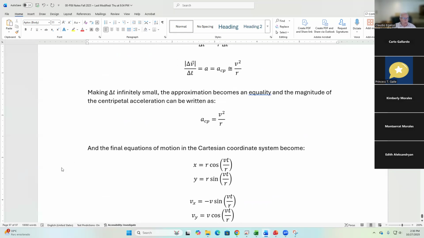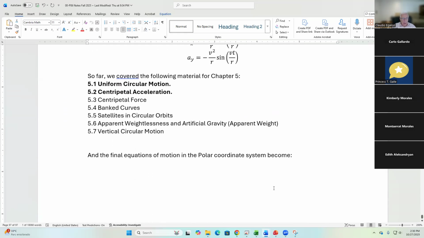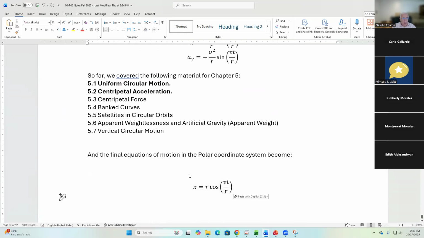Okay, so the R component is going to be constant, right? The radius of the circle.